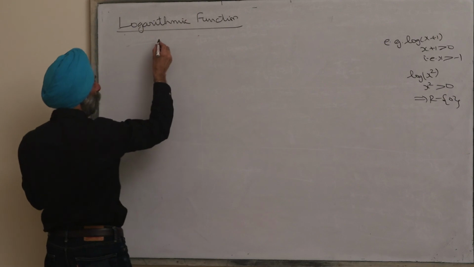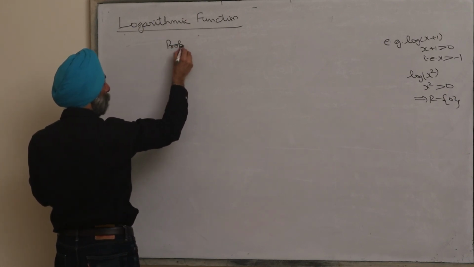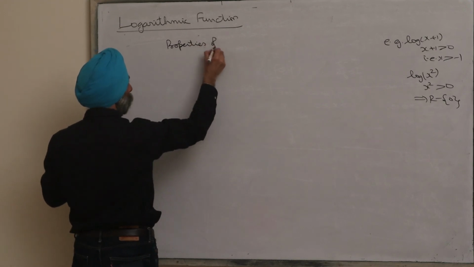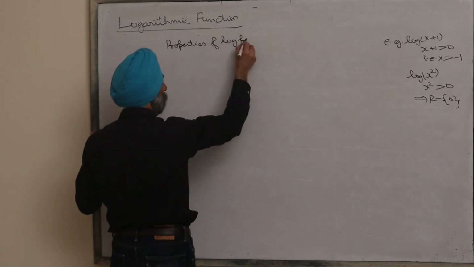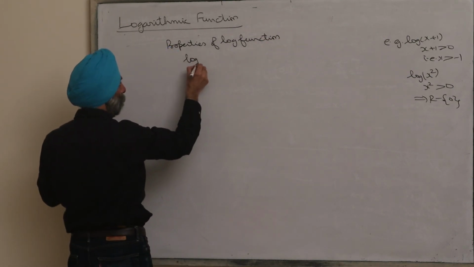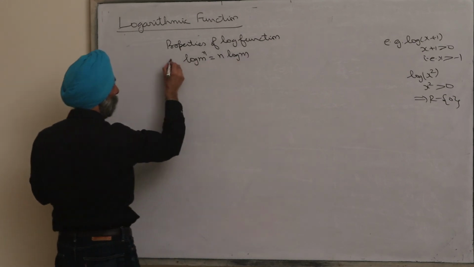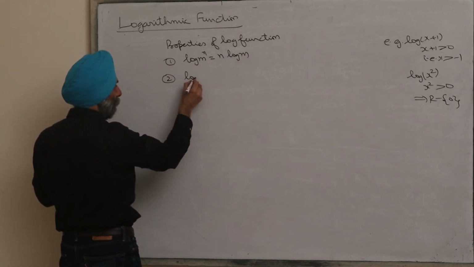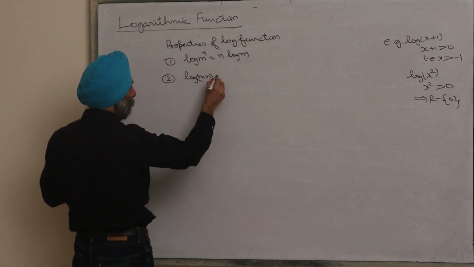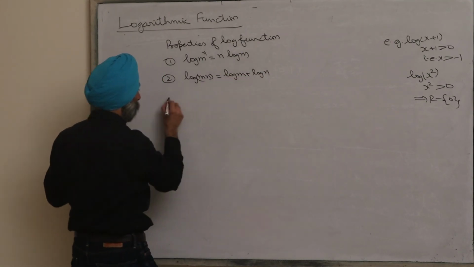Some of the properties of the log function are: log of m raised to the power n is n log m. Second one is log of m into n is log m plus log n.